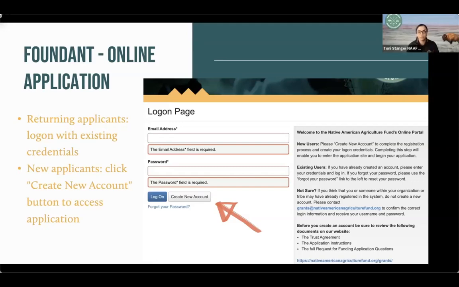You can't have multiple applications for the same tribe for various departments of the tribe. So think about that across our eligible entity types, and within your eligible entity. Who's going to apply? What's the project going to look like? You can apply on behalf of other departments within your tribe within the application process, but it's one application.